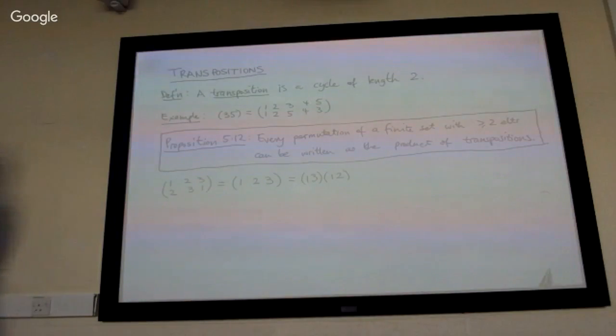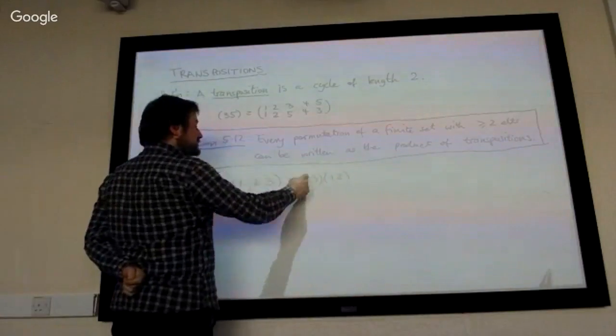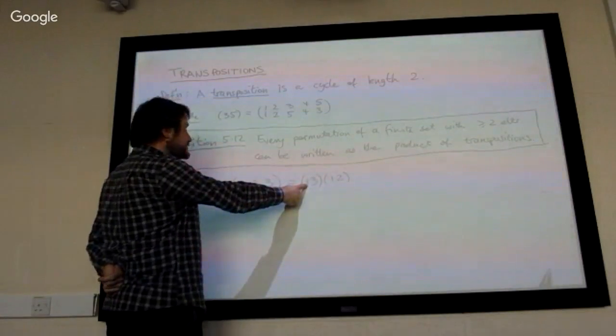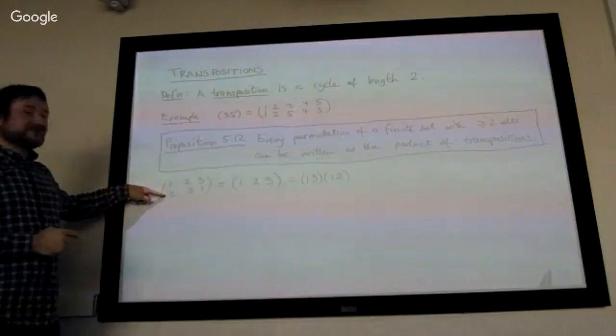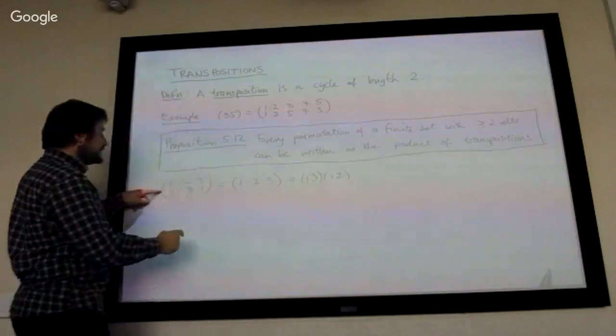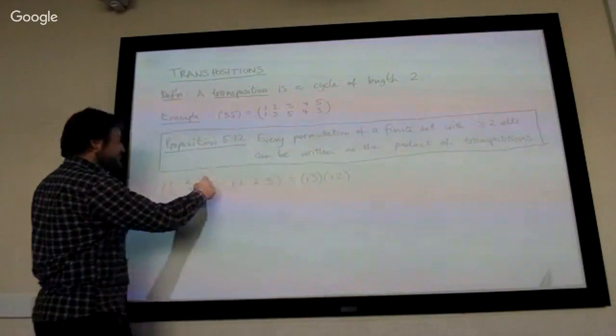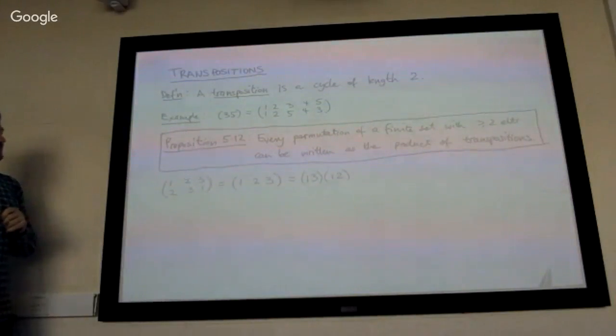Therefore it works. Okay, so where does 1 go in this product? 1 goes to 2. Times this, 2 stays. So 1 goes to 2, so that's correct. 2 goes to 1, goes to 3. So 2 goes to 3. 3 stays, goes to 1, so 3 goes to 1.